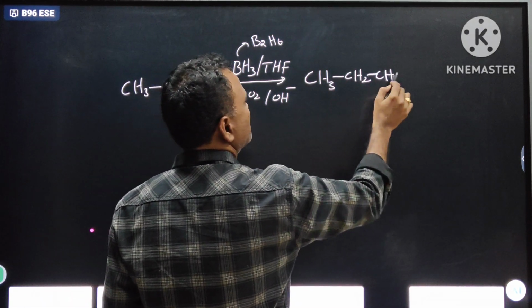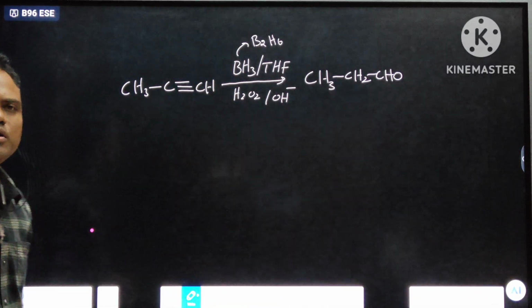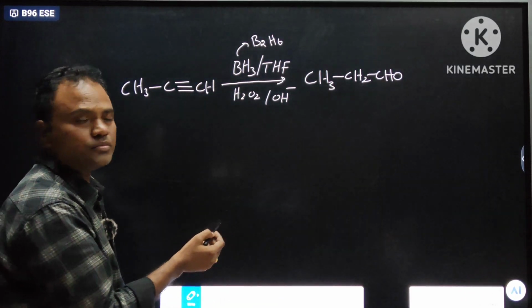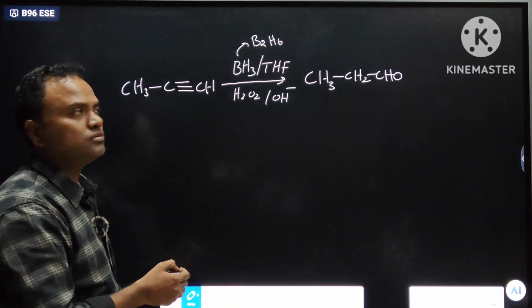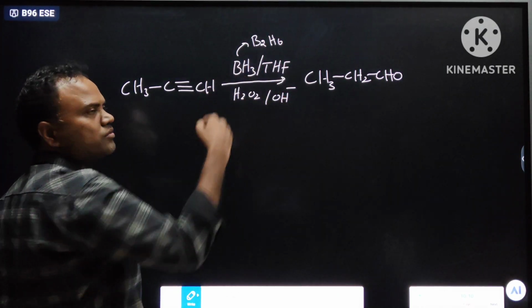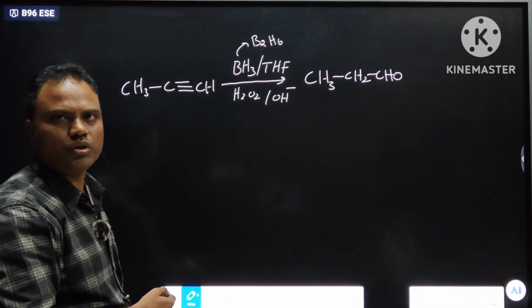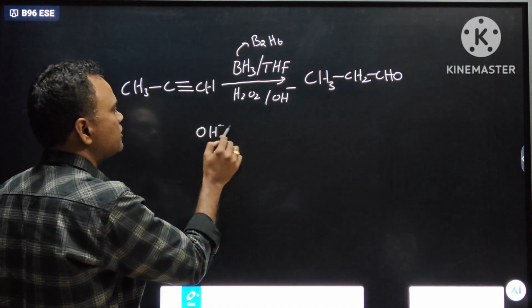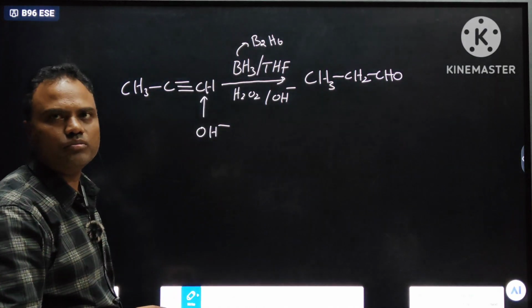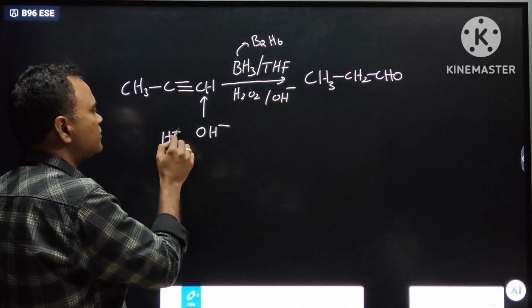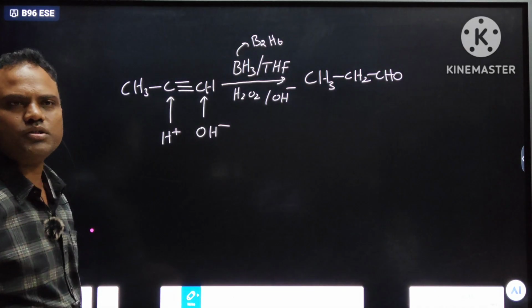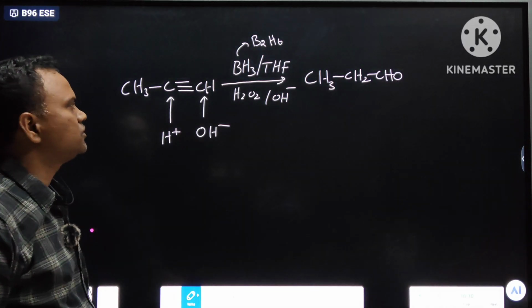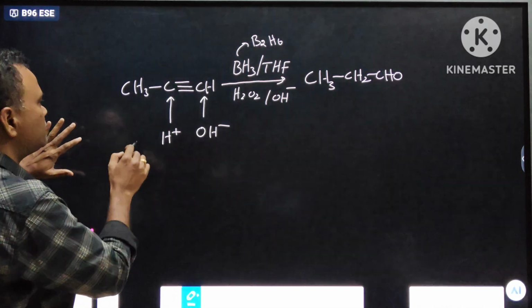It adds water molecule according to anti-Markovnikov's rule. This reagent releases water, H2O. What is the negative part in water? OH minus. The negative part adds to the carbon with more number of hydrogens, and the positive part adds to the carbon with less number. Clear? So I am giving the mechanism from here onwards.